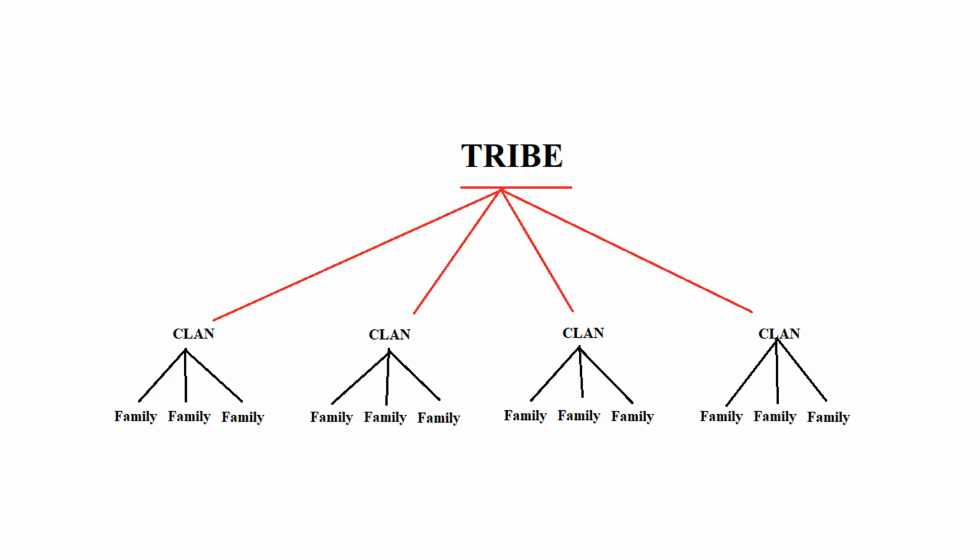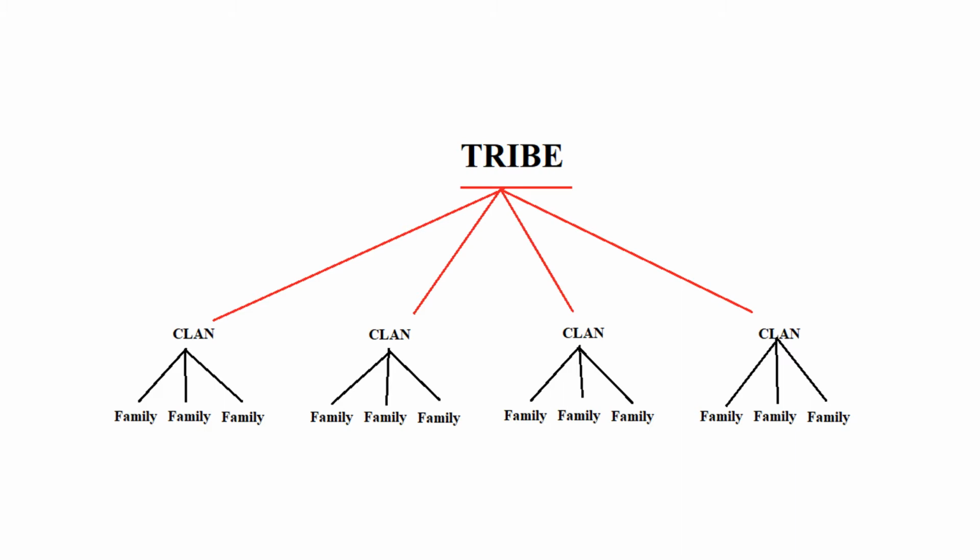But let's just say you've got three different families, but they're all kind of related to each other. So you've got one family maybe that's got a mom and dad and kids, maybe grandma and grandpa live there. And then you've got another family that's similar, but maybe the people in that family are the cousins of the people in the first one.